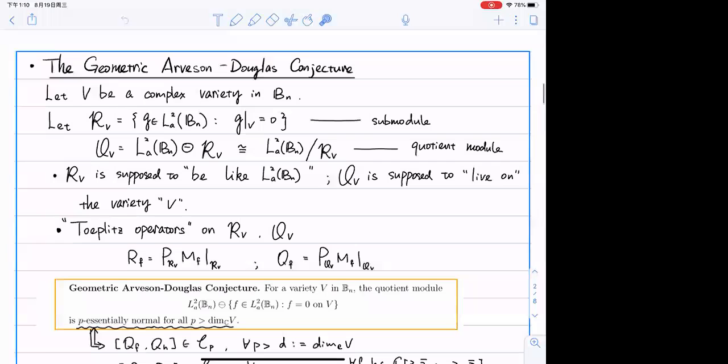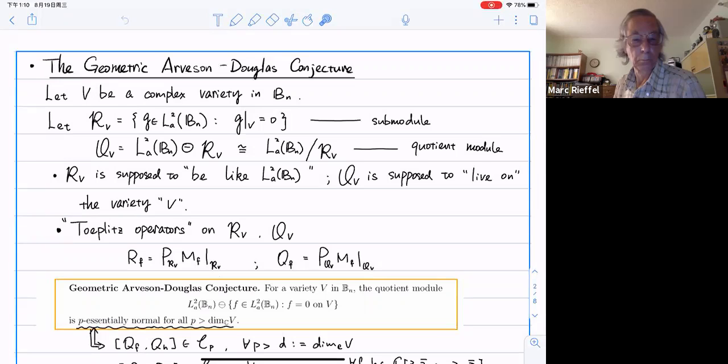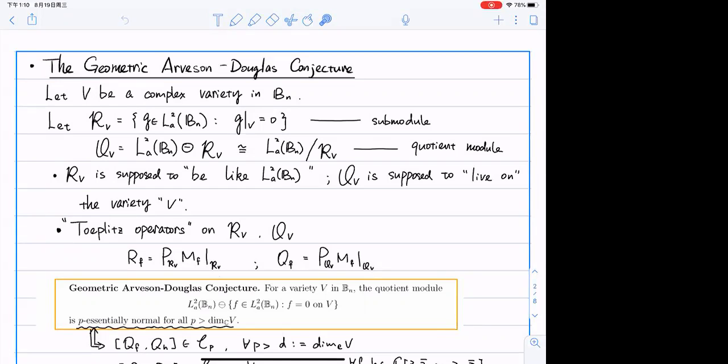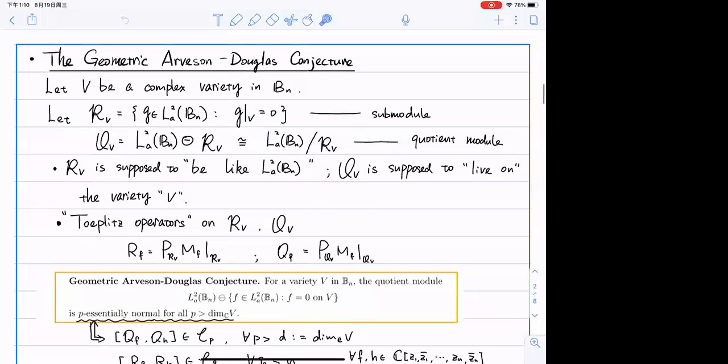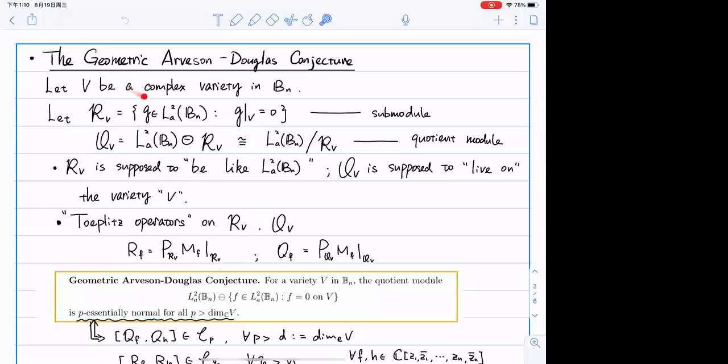From a very different perspective, I want to introduce the geometric Arveson-Douglas conjecture. It basically says that if you have a complex variety in B_n, you could consider the collection of all holomorphic functions on the Bergman space which vanish on this complex variety. This is what we call a submodule, in the sense that this space is invariant under multiplication by analytic polynomials.